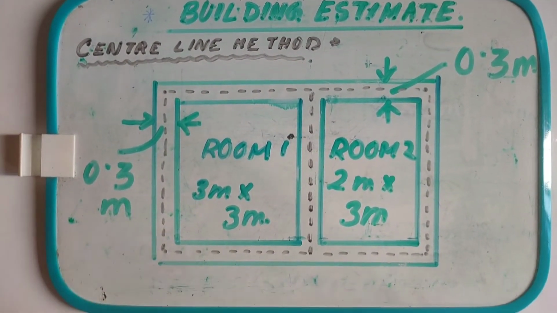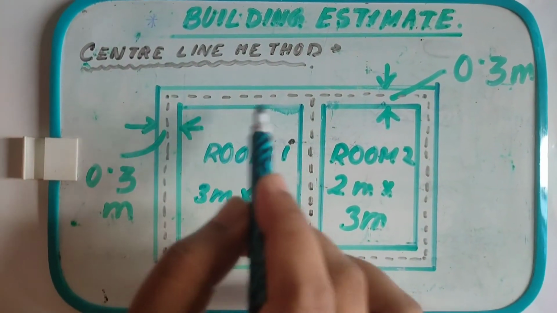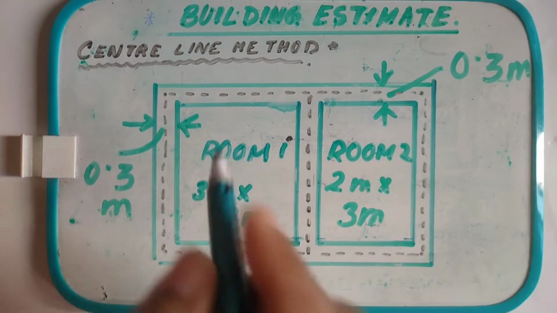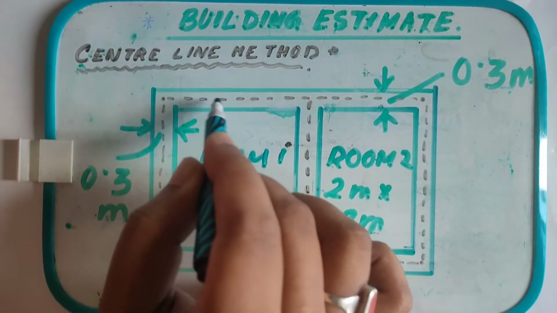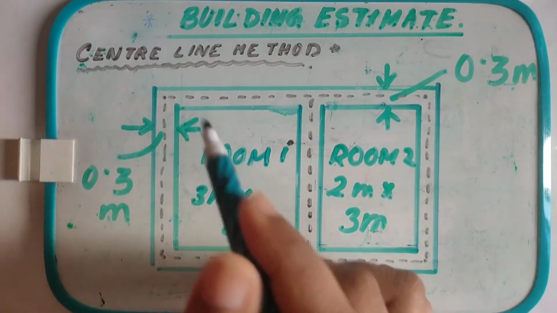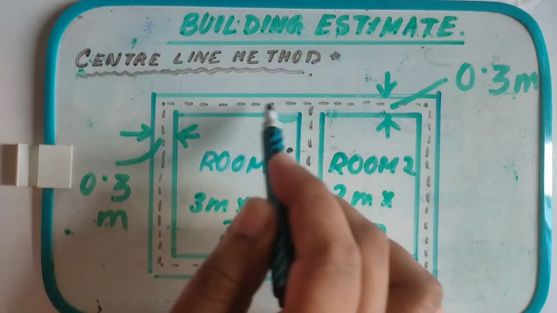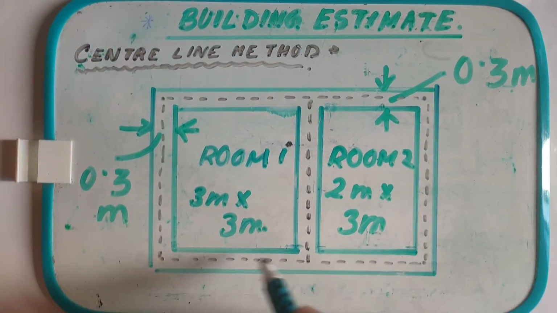Now what we have to do is, if we get a plan like this, just make a center line in the plan, and now you can see this is the center line of this plan. In the center line method, we have to find the total length of this center line directly.